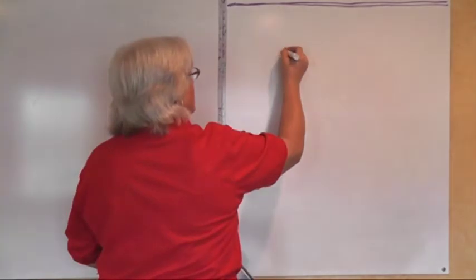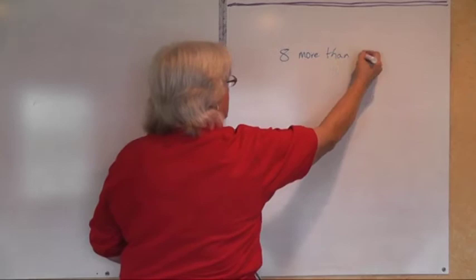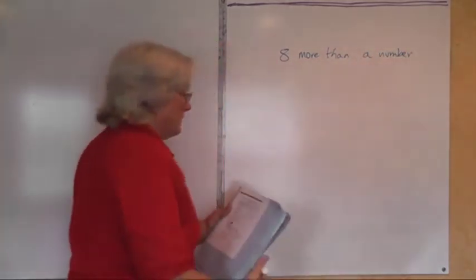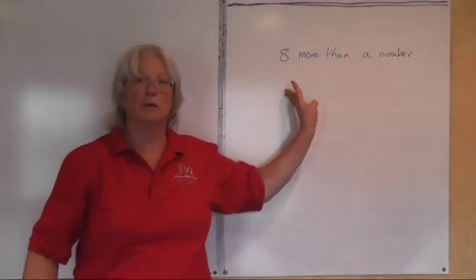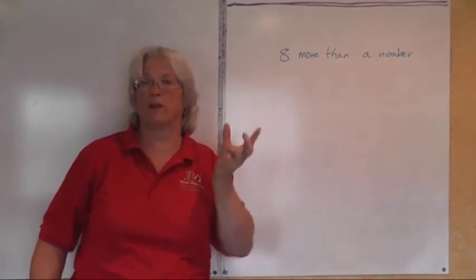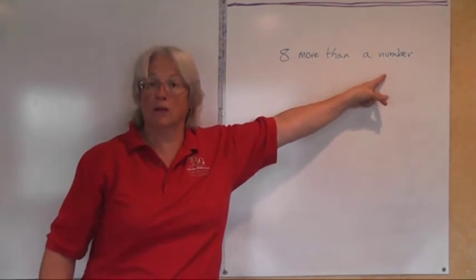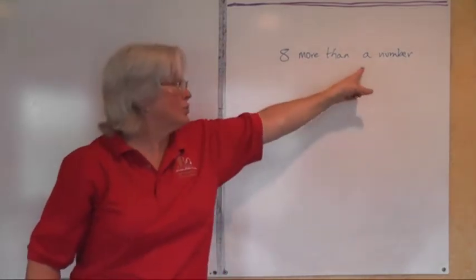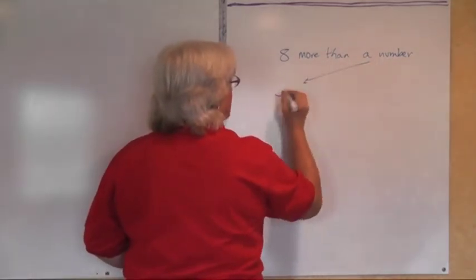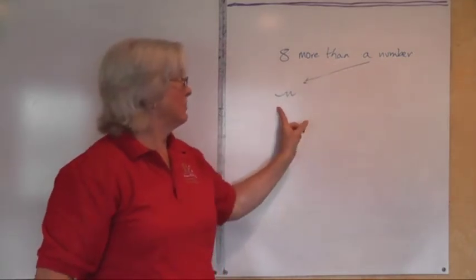Here's one that we have. 8 more than a number. Let's think about this. What are we comparing the final number to? Are we comparing it to 8, or are we comparing it with a number? What are we starting up with? Well, we're starting with a number, which we're going to say is n, and then we're saying 8 more than this number.